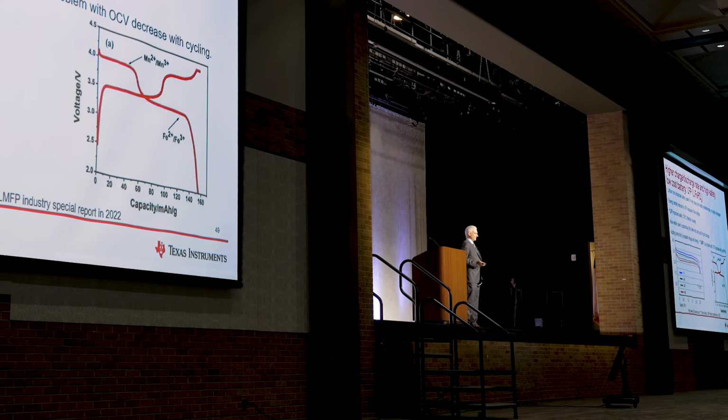From a gauging standpoint, that's actually a little bit better than LFP, because at least you have one region where voltage is changing. LFP is extremely difficult from a gauging standpoint, and we had to develop a special gauging algorithm to support these flat portions, so that we put a low weight on the flat portion of the voltage regions.